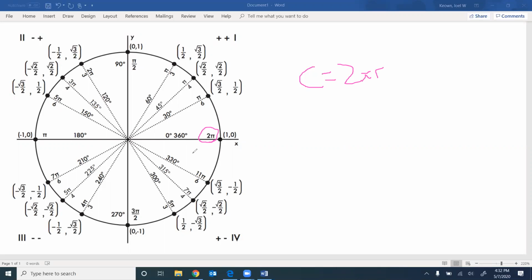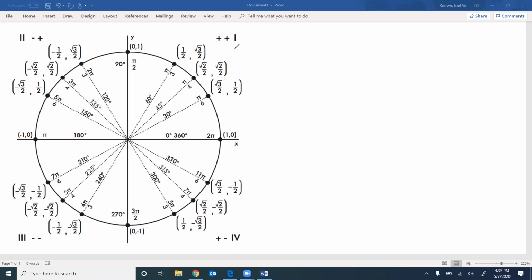Okay, and this is exactly where we get the 2 pi from our circumference formula. So you've actually been using radians before without even realizing it. For our purposes today, we need to know where radians are at, understand the measures, and be able to go back and forth, which we can do.